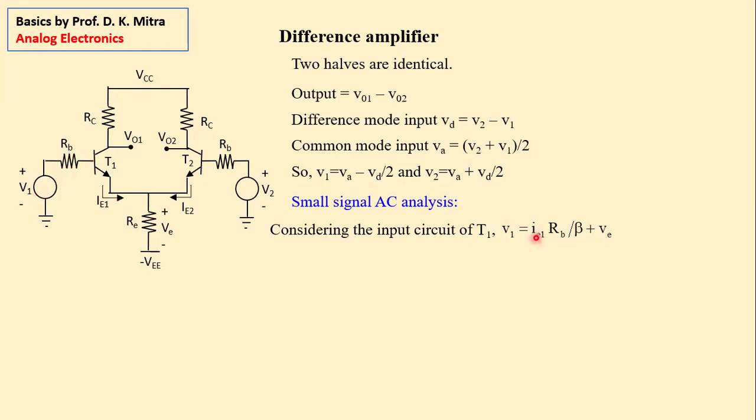So V1 is equal to IE1 into RB by beta plus VE. So this is the circuit. If you apply Kirchhoff's voltage law here, this is the equation. But here I have ignored a few things, two things.